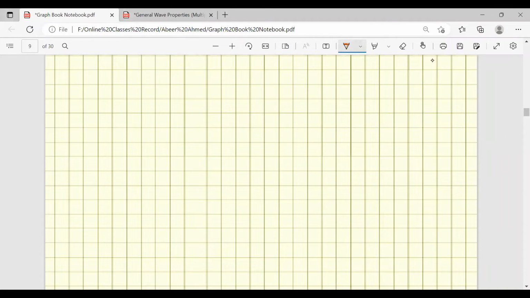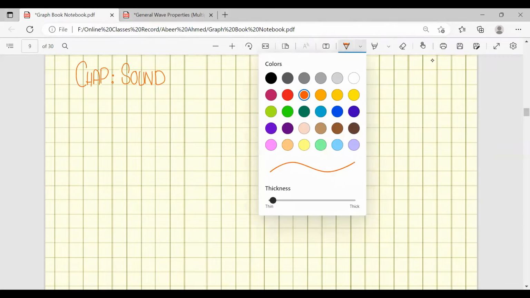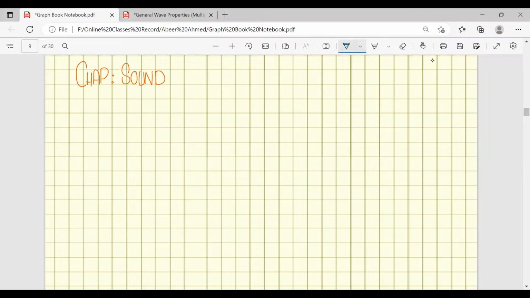So our new chapter is sound, which also links with the general properties of waves because sound is also a wave, right? In which category is sound normally categorized, longitudinal or transverse? We already discussed this.